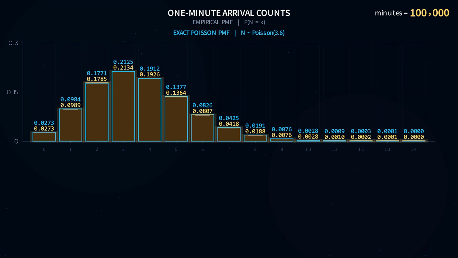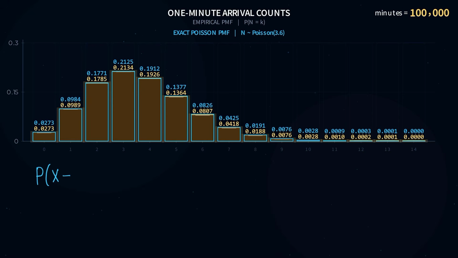So if we were to repeat this experiment millions of times, the relative frequencies in yellow would approach the theoretical probabilities listed in blue. And those theoretical probabilities come from the Poisson distribution with parameter lambda, where lambda is the average arrival rate per minute in this case. Let's remind ourselves of the Poisson PMF.